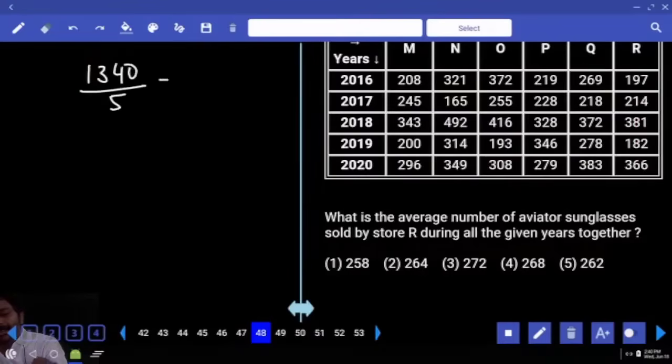Divided by 5 in the sense divided by 10 into 2, correct? Divided by 10, 0 removed, into 2, 2, 6, 8. Yes.